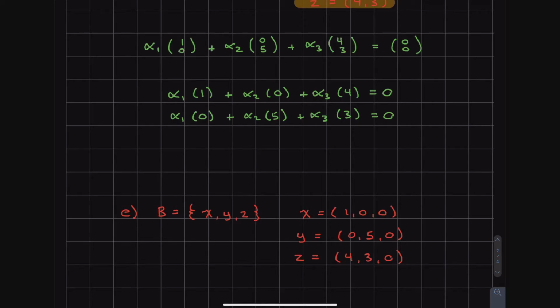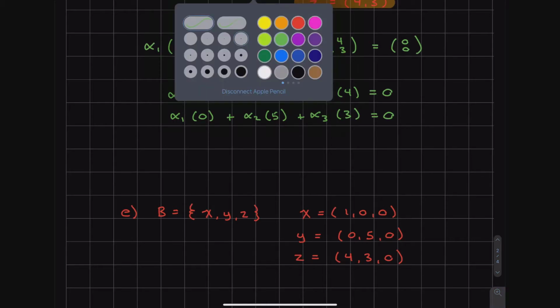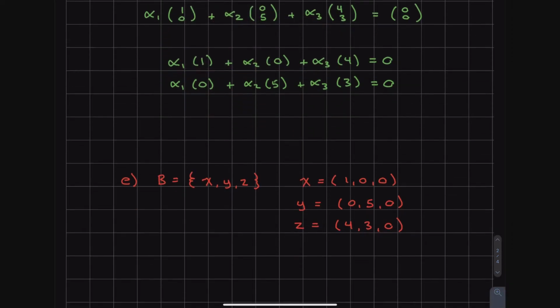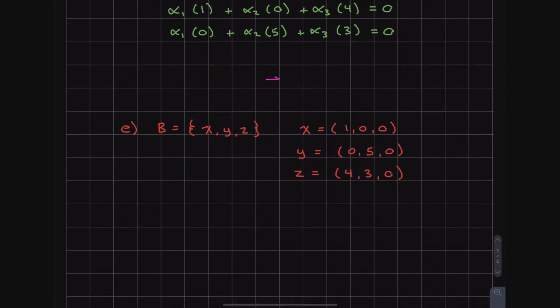Right away, you should have something clicking in your head: I have 3 unknowns, but only 2 equations. In this overconstrained system, there's going to be an infinite number of solutions. See, this is my normal infinity sign. You see how much more they look like garbage compared to the last one? So infinite solutions, therefore this is also linearly dependent. Because our alphas are not all equal to 0, we have a linearly dependent solution.